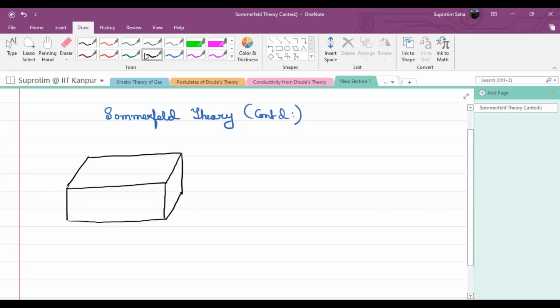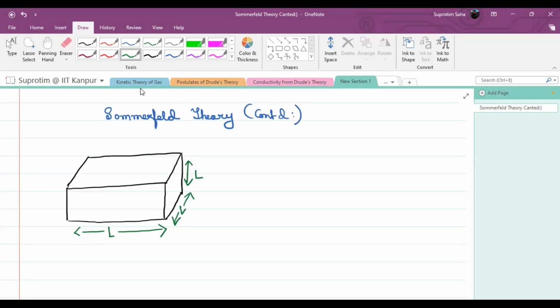Each side has length L. This also has length L. This side also has length L. So the electrons are trapped in this box, which is the counterpart of the solid in real life.